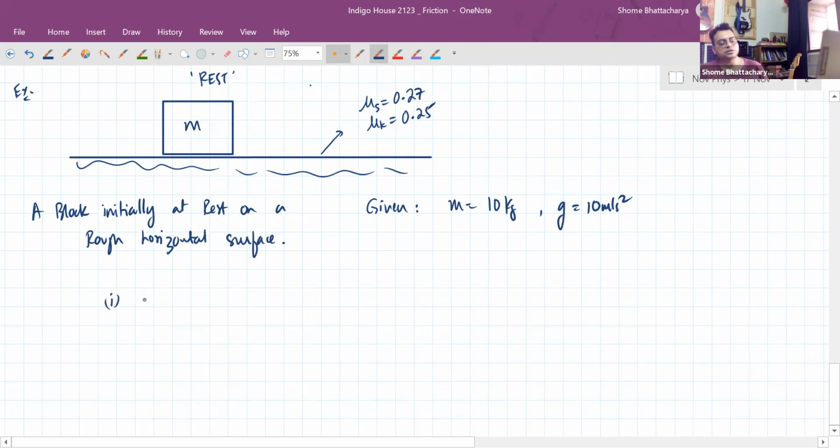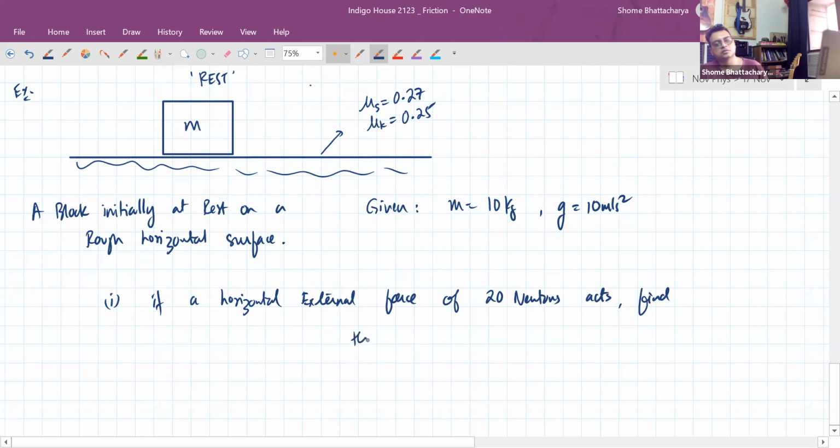Now, in the first part of the question, if a horizontal external force of 20 newtons acts, find the block's acceleration, if any, and the friction acting on it.